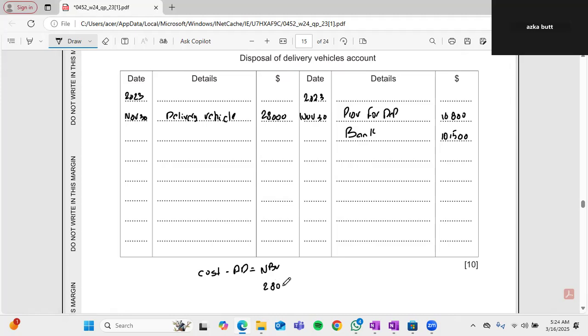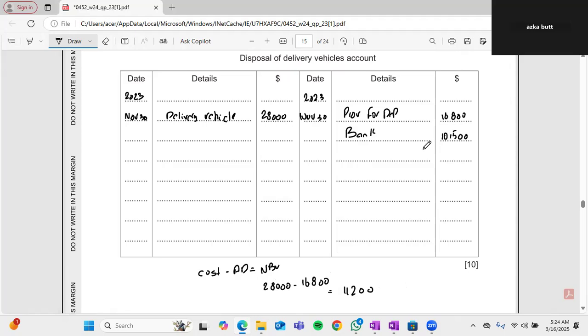So cost is 28,000 minus provision for depreciation 16,800, and this is equal to, let me calculate, 28,000 minus 16,800. This is equal to 11,200.